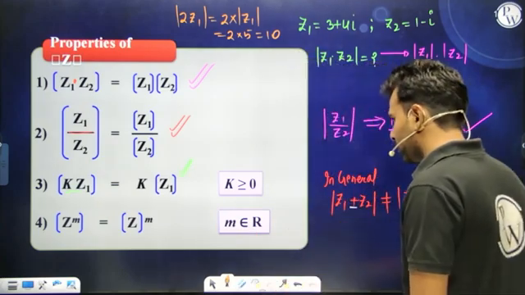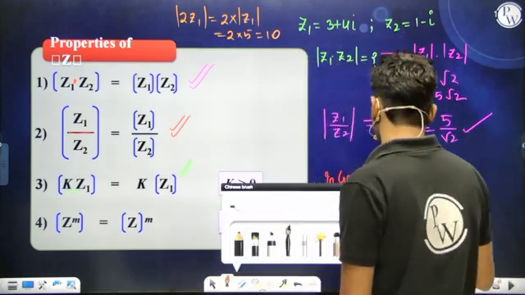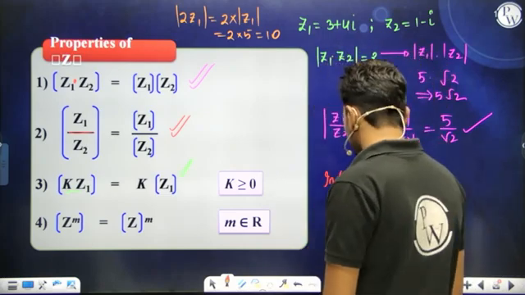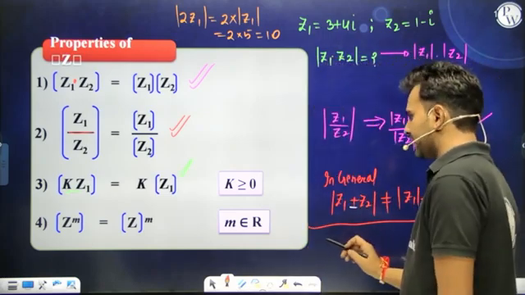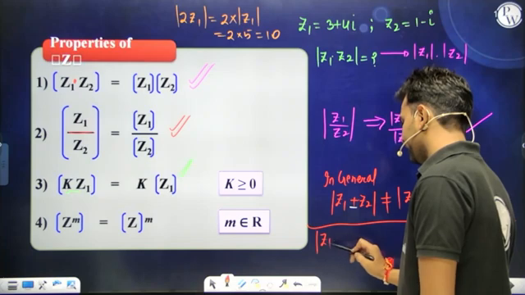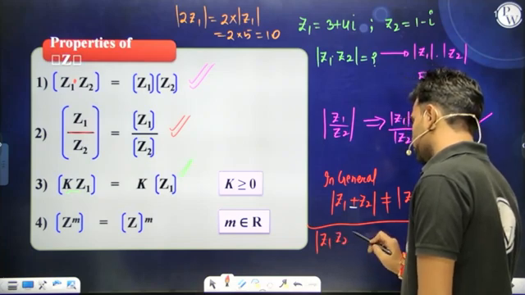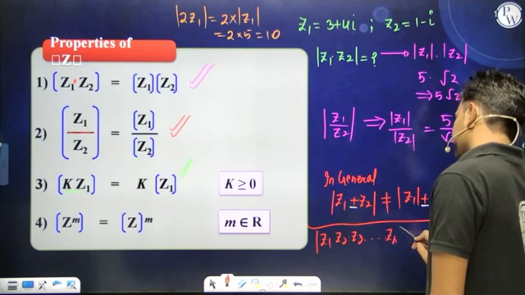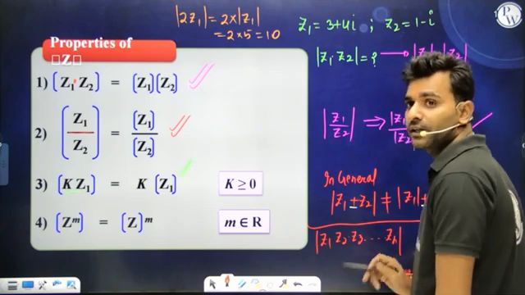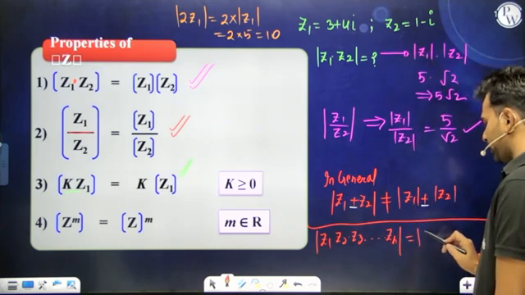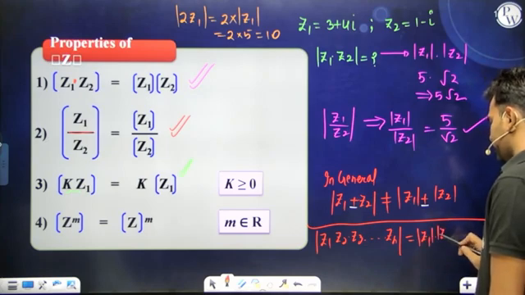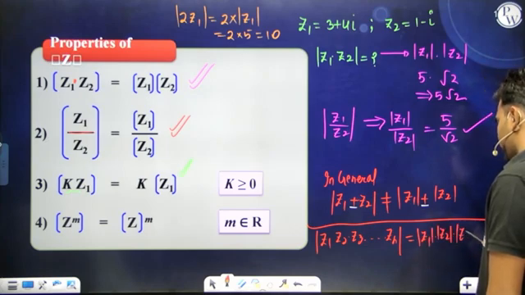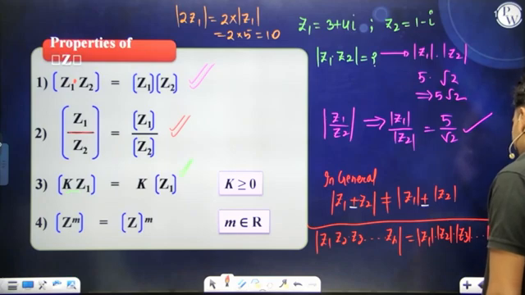Okay. Now, the fourth one is a special case of 1. Let me tell you that as well. If Z1 into Z2 into Z3 and so on, multiple complex numbers are there, and we need to find the modulus of this, then by using property 1, we can write it as mod Z1 into mod Z2 into mod Z3 into mod Z4 and so on till mod Zn.